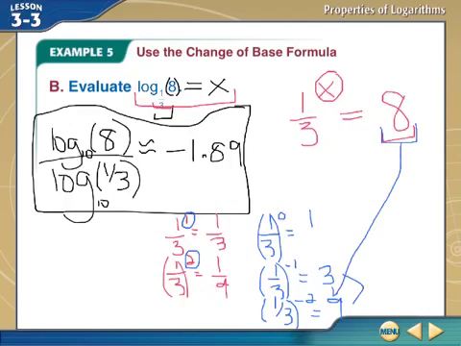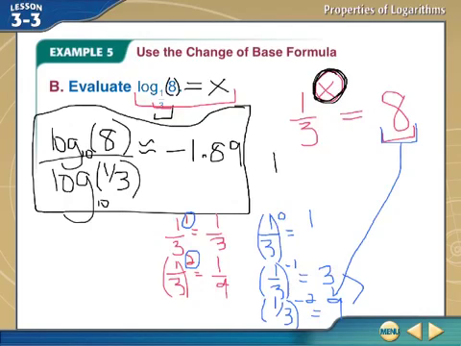Now, anytime you're solving an exponential equation, when x is your exponent, you have to use logarithms to solve that equation because a logarithm is an exponent. And a logarithm undoes, or is the inverse of, an exponential function.